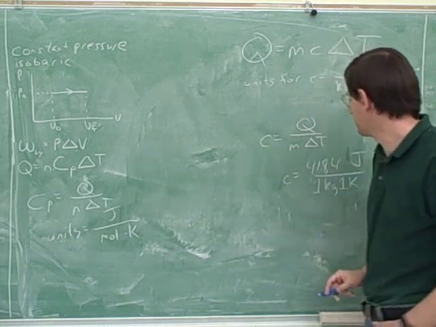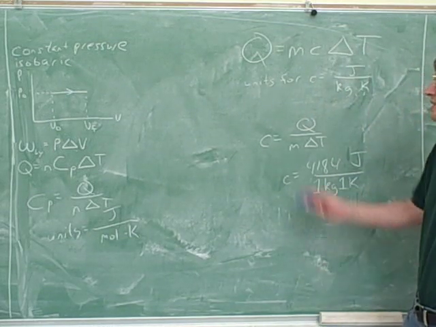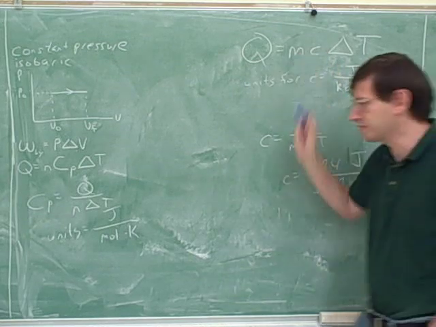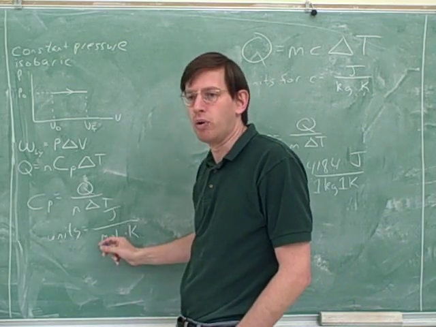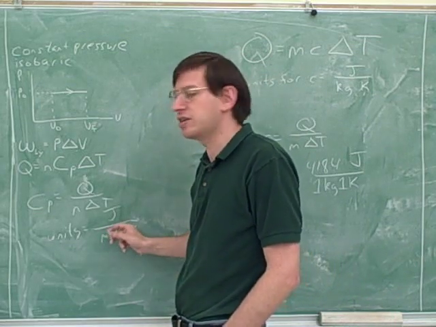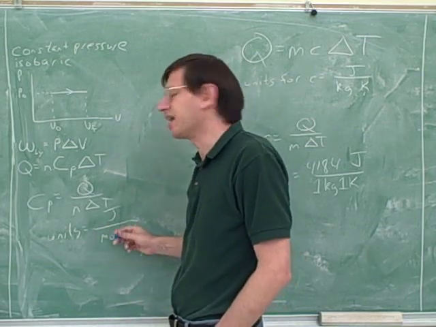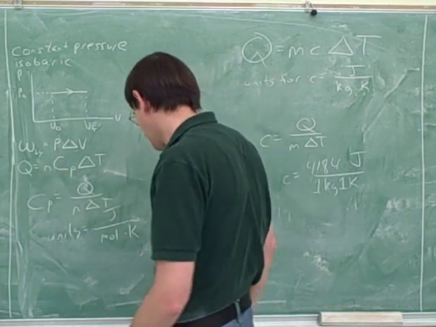So the specific heat tells you directly about how much heat it takes to raise the temperature of 1 kilogram, but it tells us indirectly about how much heat it would take to raise the temperature of any number of kilograms. Well, this tells us directly how much heat it would take to raise the temperature of 1 mole of the substance, but it tells us indirectly how much heat it would take to raise the temperature of any amount of the substance. You just multiply the C by the number of moles.